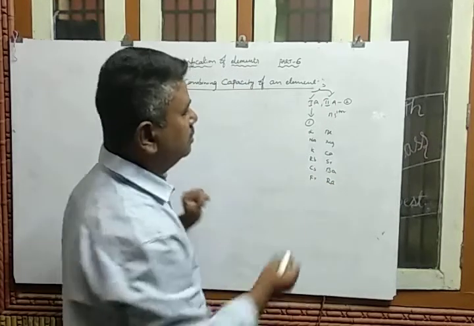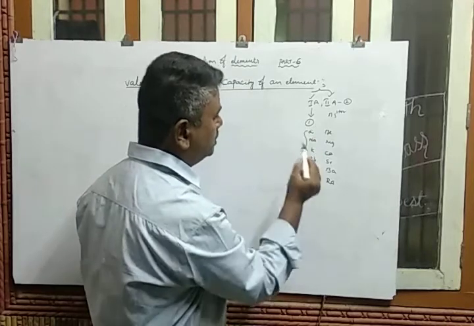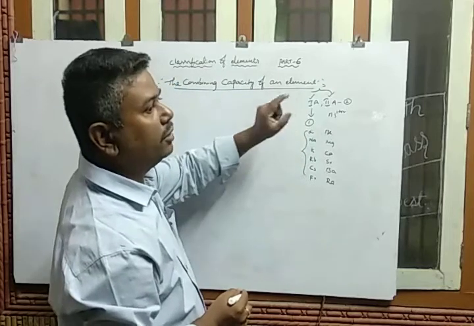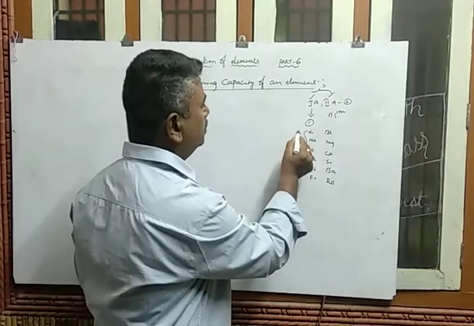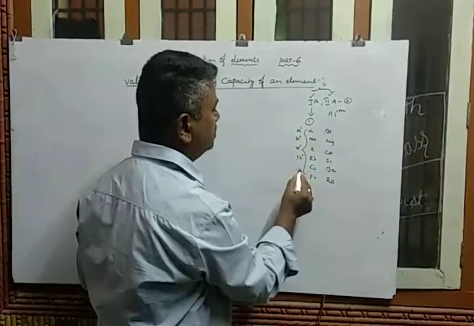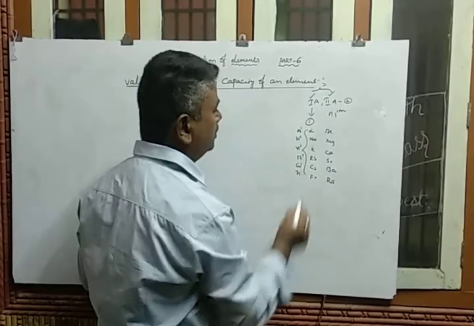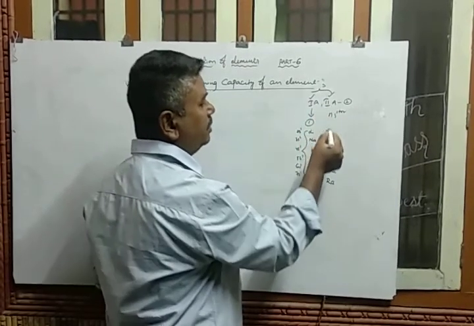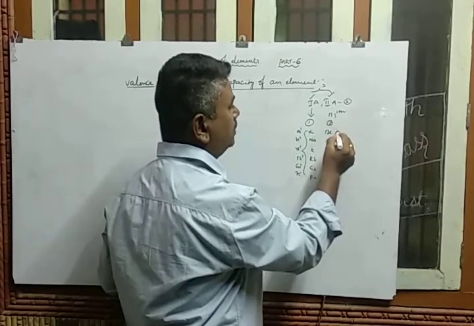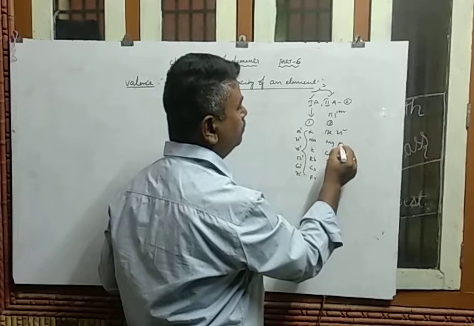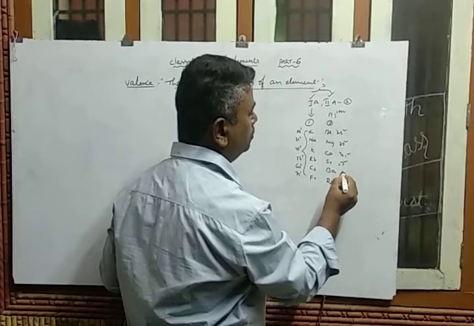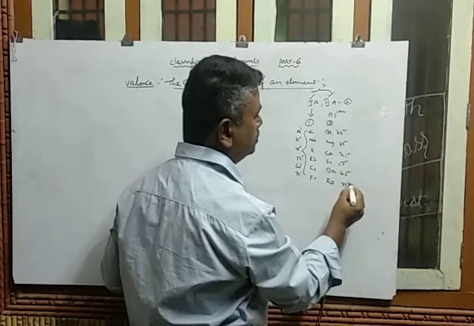The first group elements have only 1 valence electron in the outermost orbit, like 2s1, 3s1, 4s1, 5s1, 6s1, 7s1. Whereas in the second group, the number of valence electrons in every element is 2, that means 2s2, 3s2, 4s2, 5s2, 6s2, 7s2.